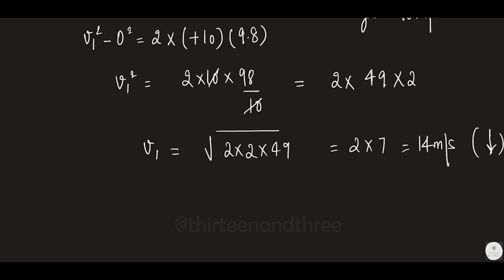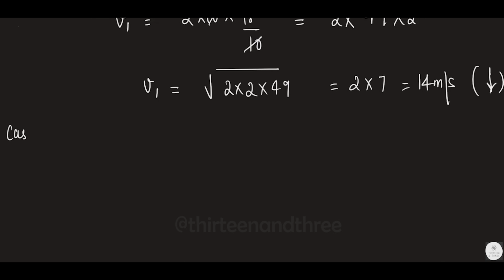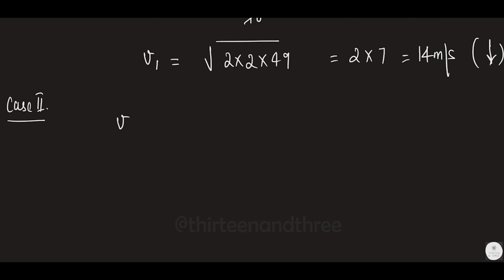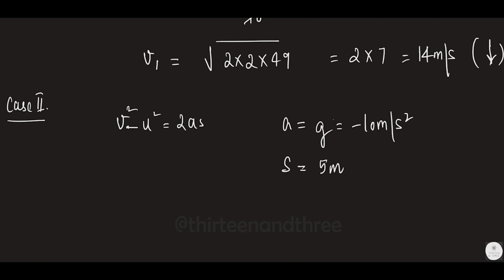Remember this. Now let us consider the second case. Again we use the same equation of motion, v square minus u square is equal to 2as, but in this case a is equal to g, which is minus 10 meter per second square because it's opposite to the direction of gravity. s, my height, is 5 meter. v, the velocity at the maximum height, is 0, and u here is my v2.